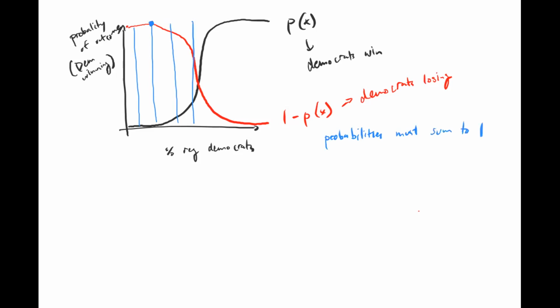So if I add this point and this point, or this point and this point, and so on, that's the world of our possible outcomes. And it's always going to add to 1. So we're going to retain this information as we move forward into multinomial logistic regression.